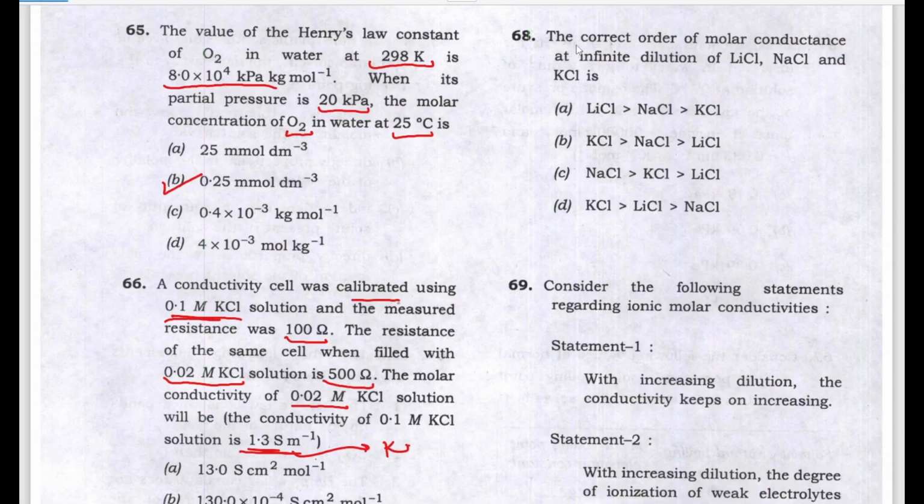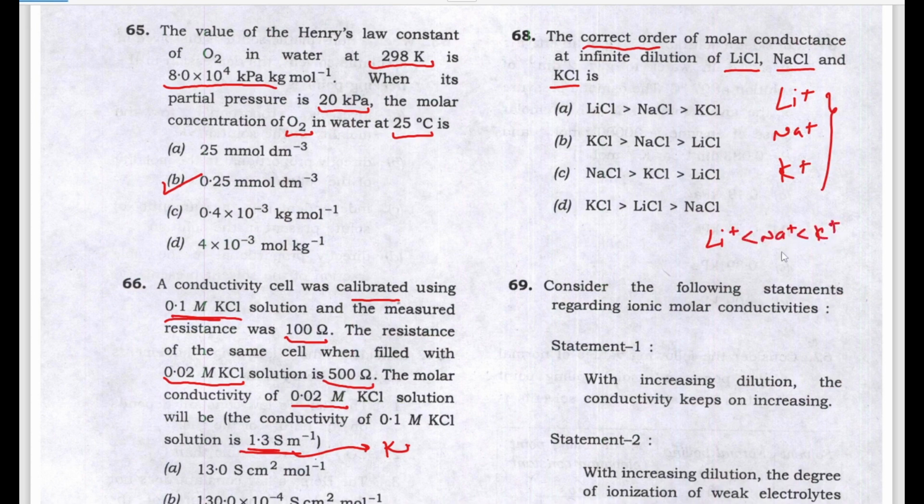In the 68th question, we need the correct order of molar conductance at infinite dilution of lithium chloride, sodium chloride and potassium chloride. If we consider the size of the cation, lithium, sodium and potassium belong to the first group, and with moving down the group the size increases, so lithium has small size as compared to sodium.